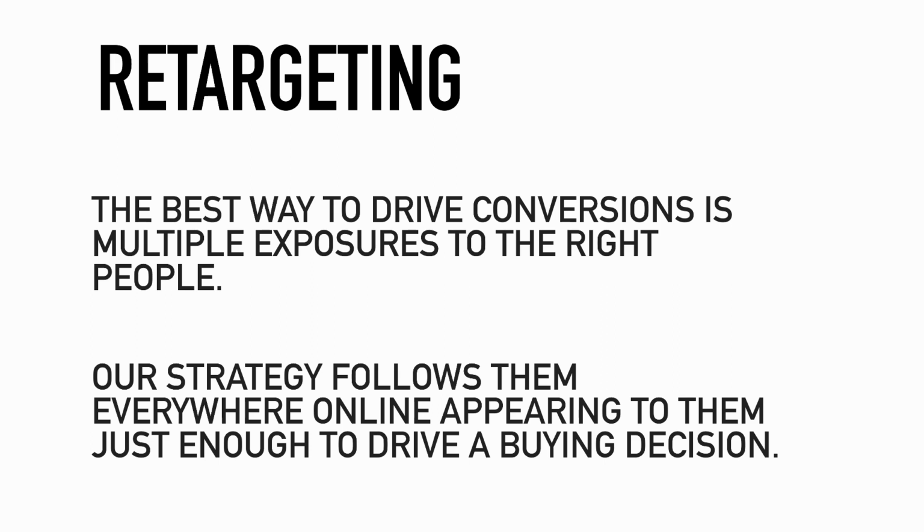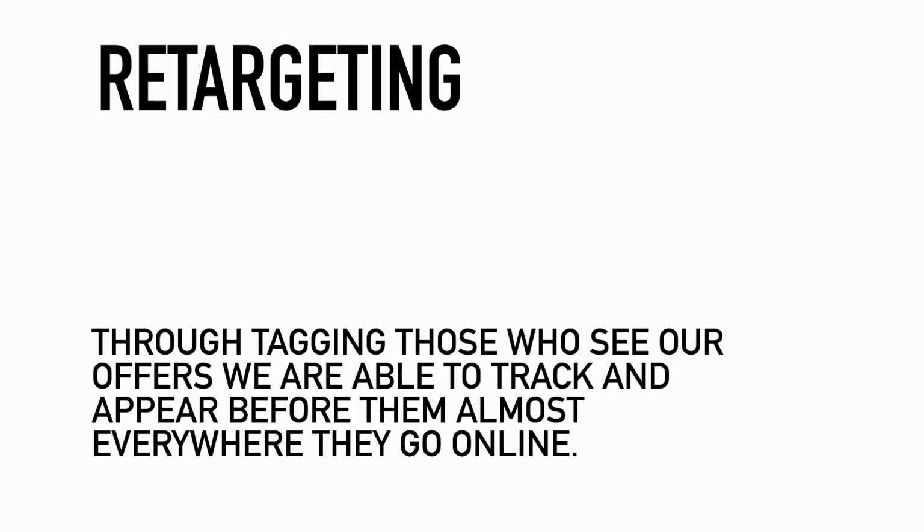So what our strategy does is it follows them everywhere online, appearing to them just enough to drive them to a buying decision. Not to drive them crazy or to be creepy, but to drive a buying decision. And we do this through tagging those people who see our original offers, who engage in our content, watch our videos, and we track them and we appear before them again almost everywhere they go online.